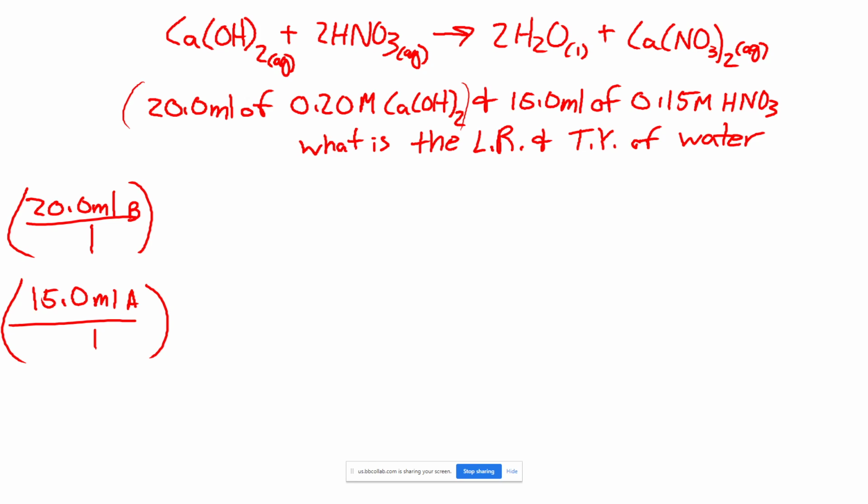So if you remember, our goal here is going to be to get from the volume to the number of moles, and then get from number of moles to moles of our product, which is water in this case, and then we'll convert that into grams of water.